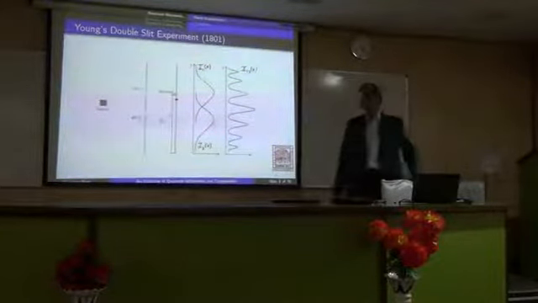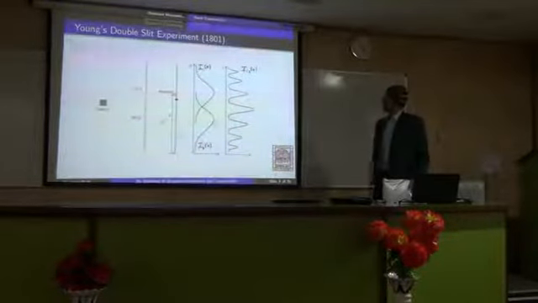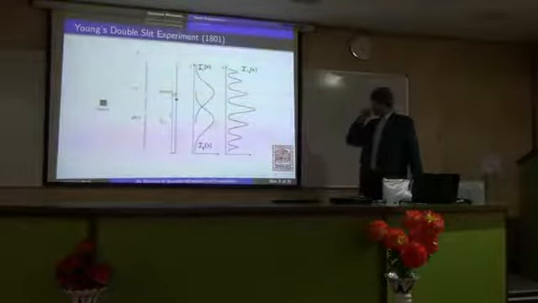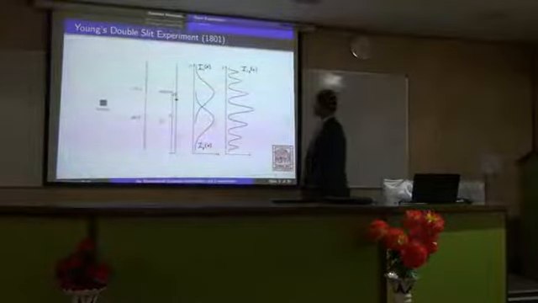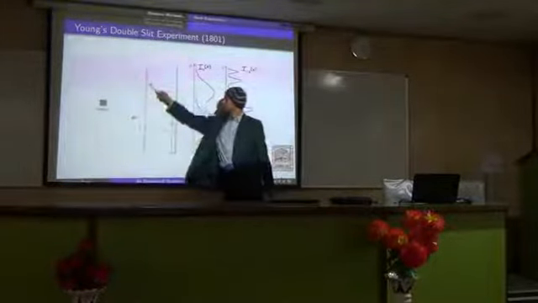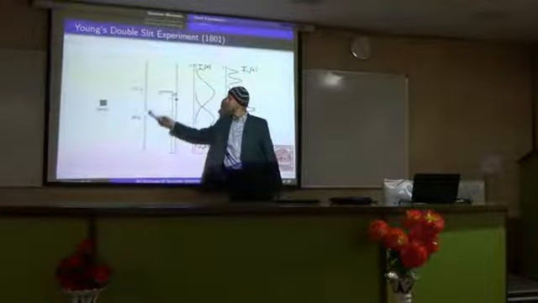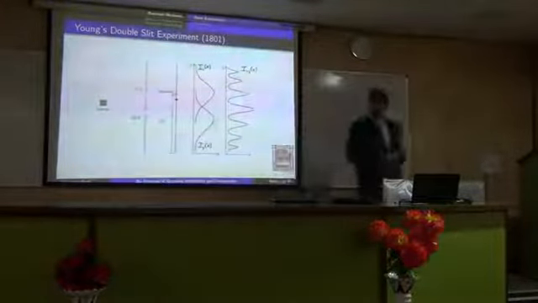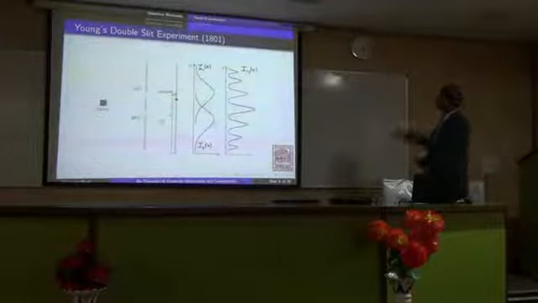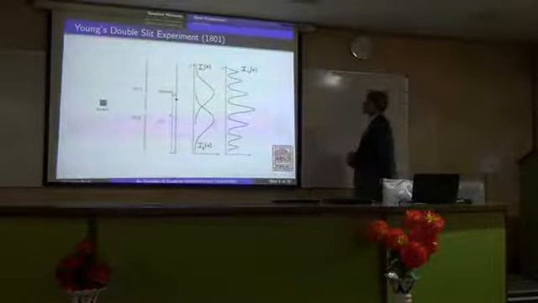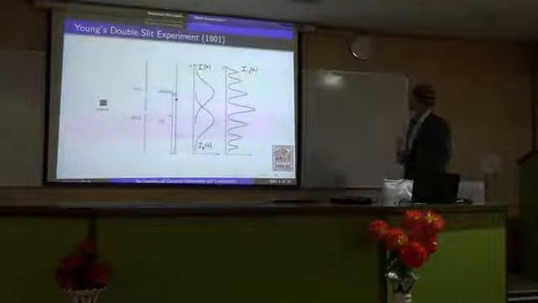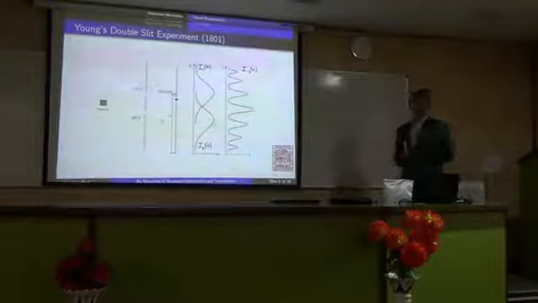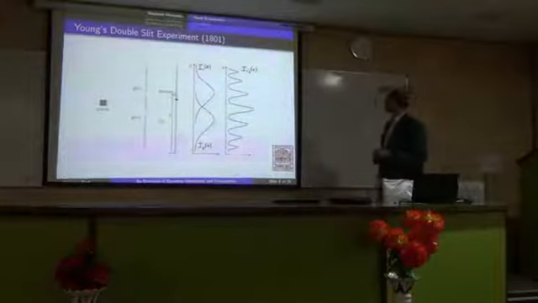There is a source of light, and we have two very small slits. Light cannot pass through except these two slits. Then we have a detector screen, where maybe there will be some fluorescent material, and that can tell you at what points exactly the light path follows.